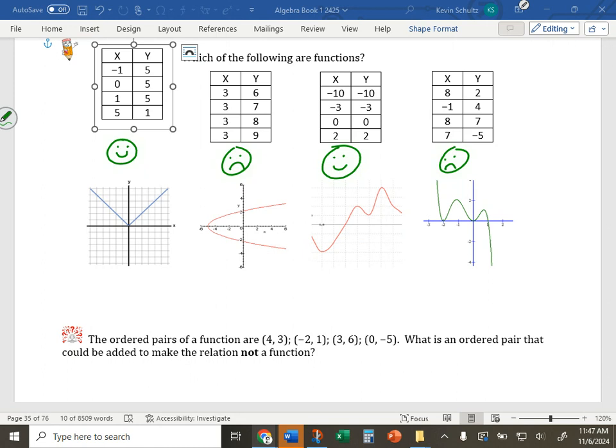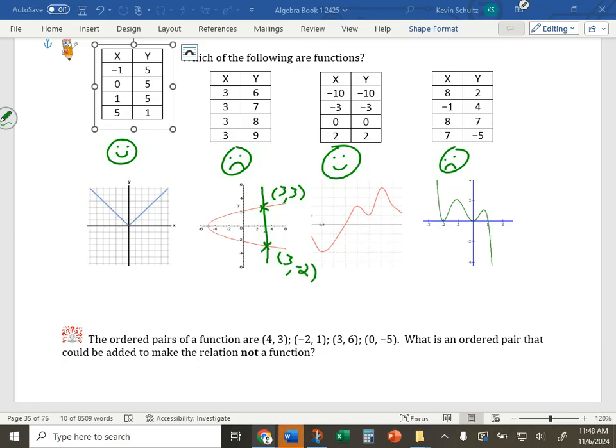If you put a vertical line through a graph and it touches that graph in 2 different places, that means X repeats itself, right? Because this would be the ordered pair like 3, 3, and this would be the ordered pair like 3, -2.